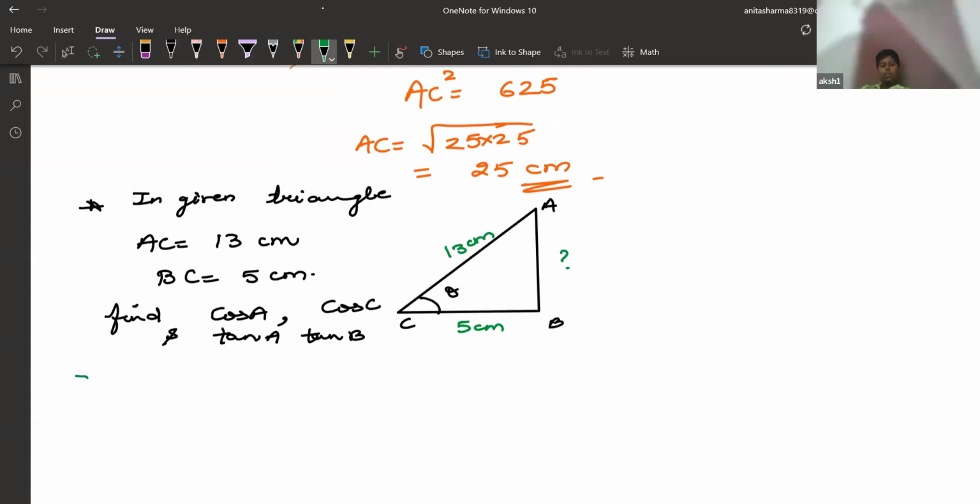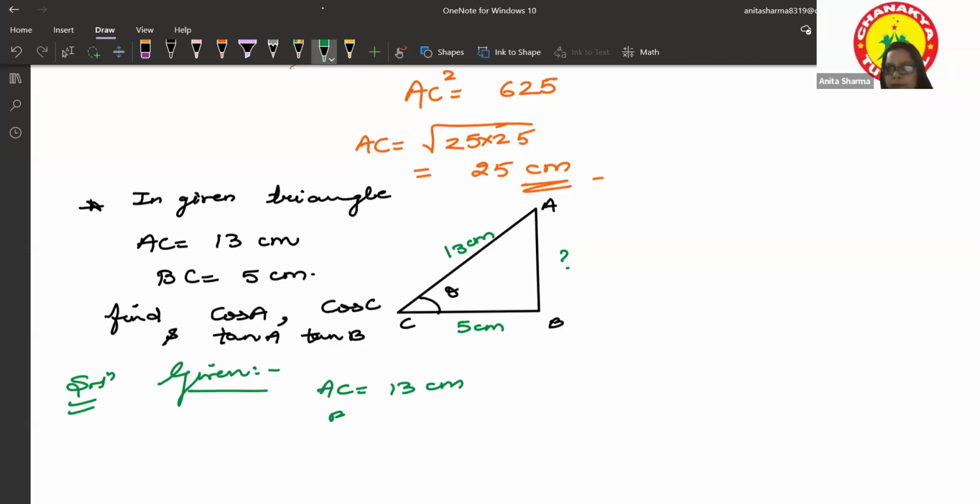Ma'am, using Pythagoras theorem only. Yes, very good. Hypotenuse is given, so when we add AB and BC, we get AC. So we have to subtract BC square from AC square, like AC square minus BC square equals AB square.